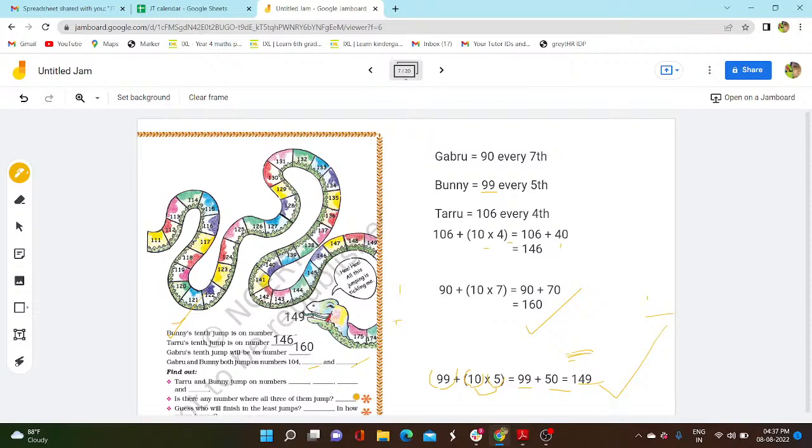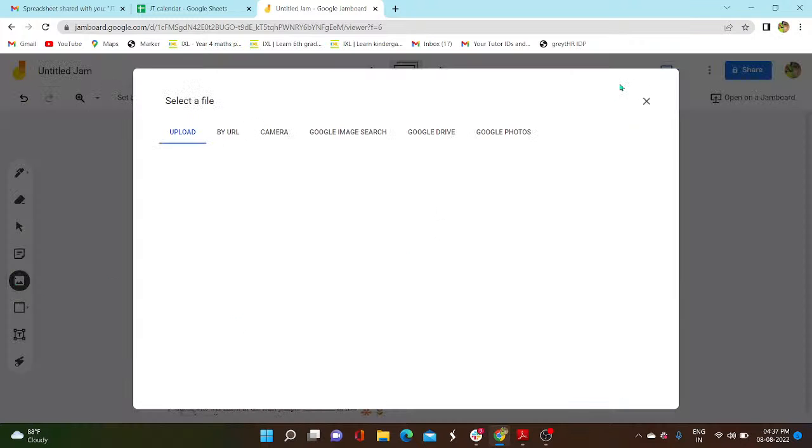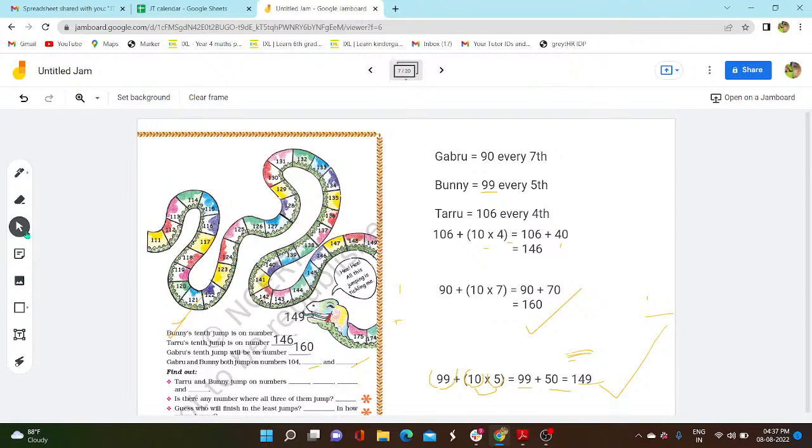We would be making the same number line table that we made. So we would first make it for Gabru.